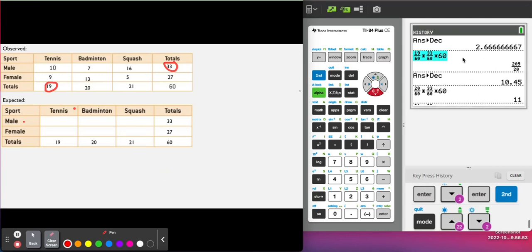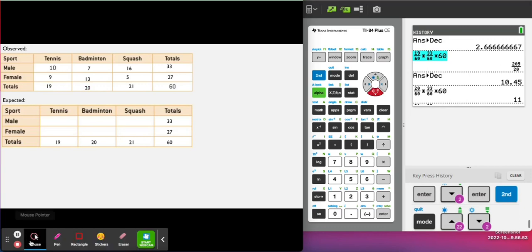So you have to do this calculation for every single value that you have here. For example, I did the second calculation, let me change colors, for badminton and male. So badminton and male, we go 20 over 60 times 33 over 60, and you multiply that by 60, and you get the value of 11. These are tedious calculations, but we can do those with our calculator.